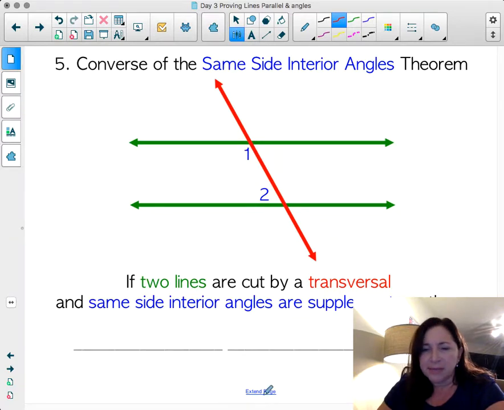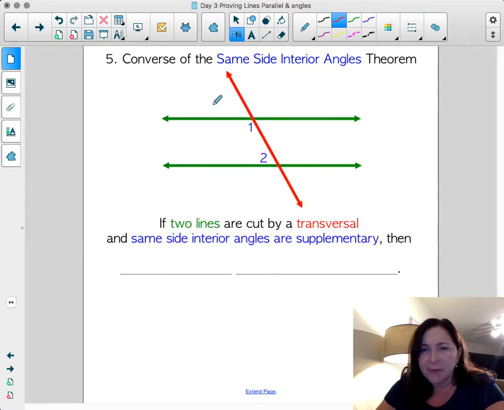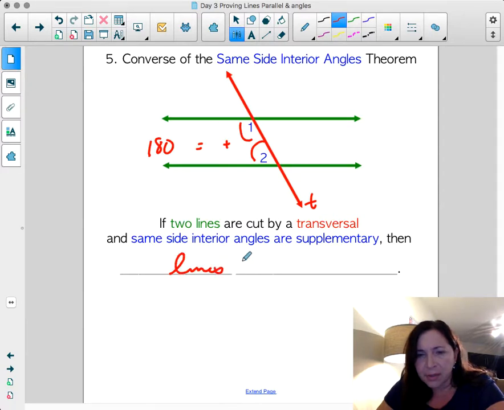Converse of the same side interior angles theorem: if you have two lines cut by a transversal, there's your transversal, and you have these two angles right here, they're not congruent, but their sum adds up to be 180 degrees. Therefore, if the same side interior angles are supplementary, then the lines are parallel, meaning this line is parallel to that line.